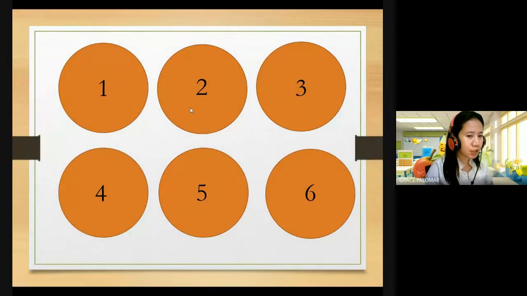First, let me try to have a game. I want you to pick a number and then let us try to answer one of the questions involving the law of inertia. You may choose from numbers 1 to 6. Okay, so you chose number 3.